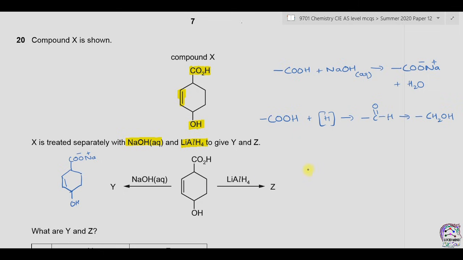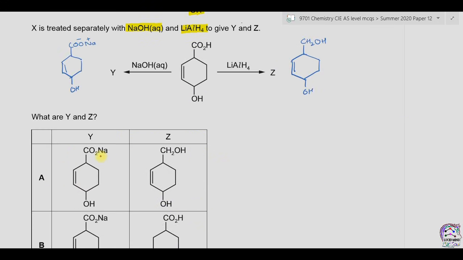So the structure for Z would be this one. Alkenes and alcohol are unaffected by the presence of lithium aluminum hydride. Now we can see in the options, option A, both are correct, so therefore A is correct.